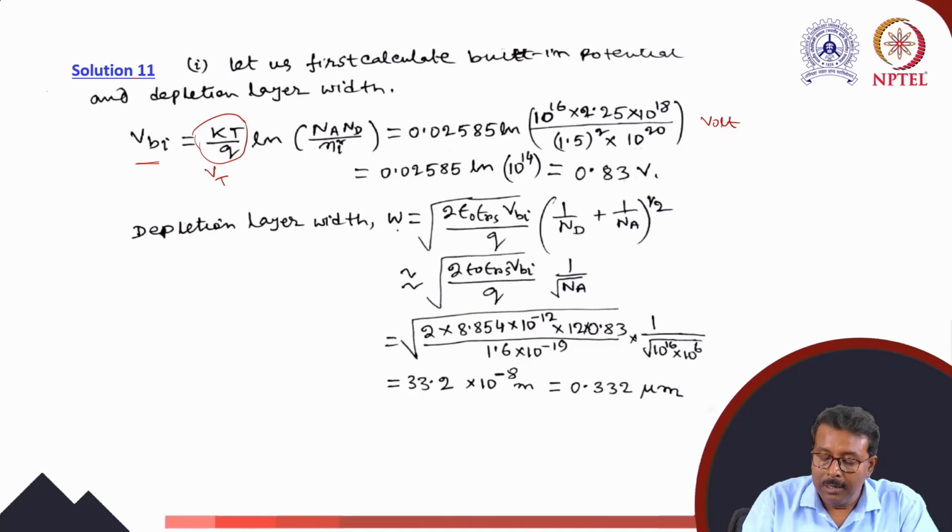Depletion layer width formula: W equal to [2 epsilon 0 epsilon Rs VBI / q (1/Nd + 1/Na)] to the power half.